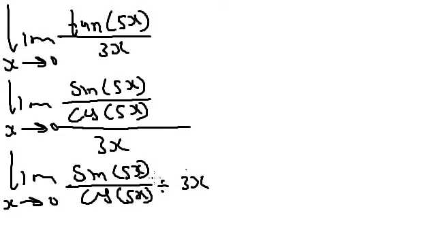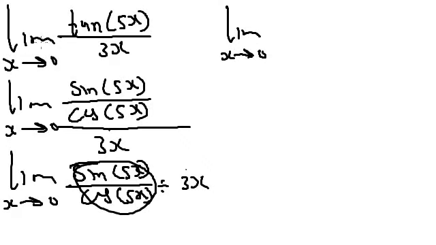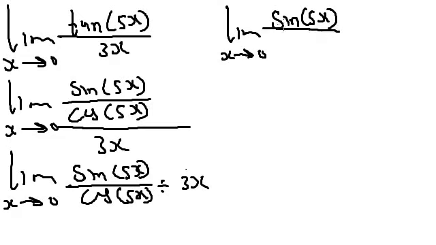Now we can use the concept of keep, change, and flip at this point. Then we can have the limit as x approaches 0. From that concept, we keep the first fraction, which is sine 5x divided by cosine 5x.